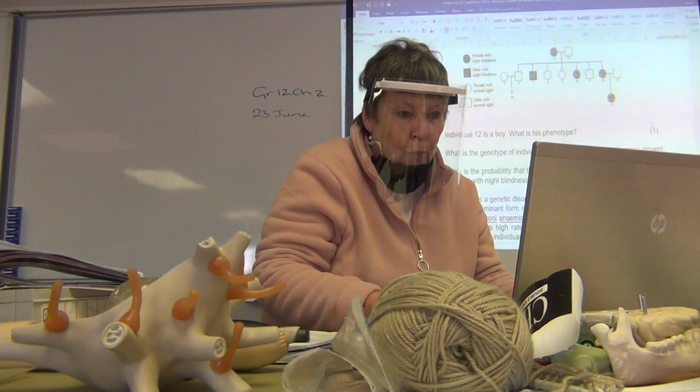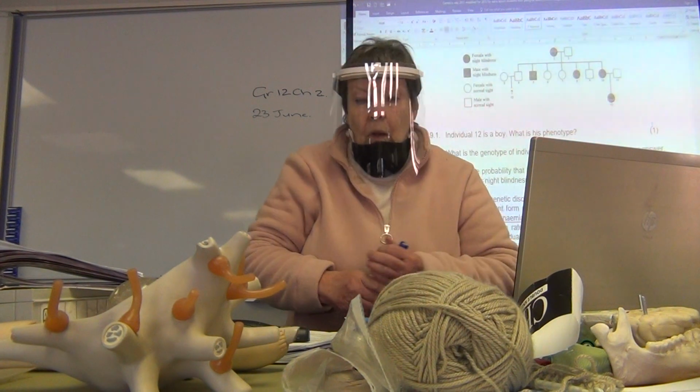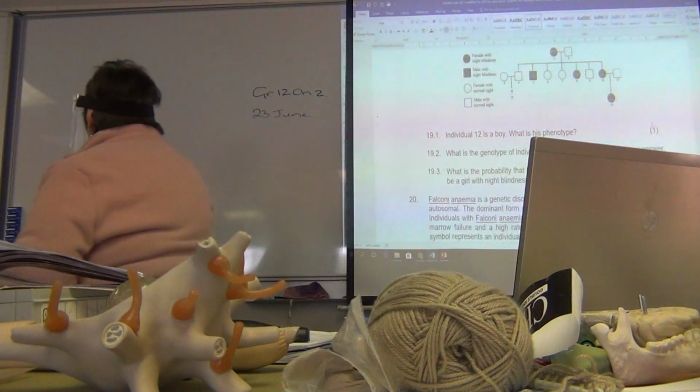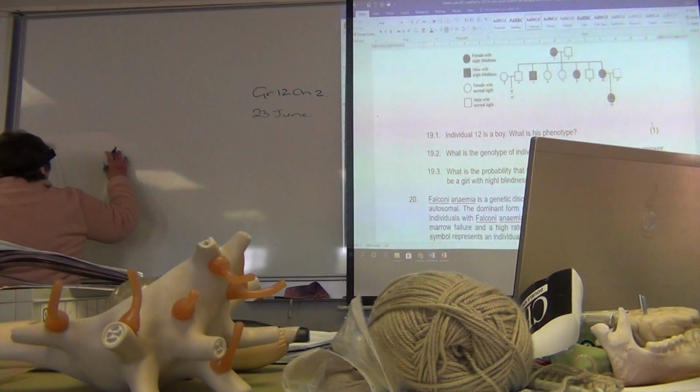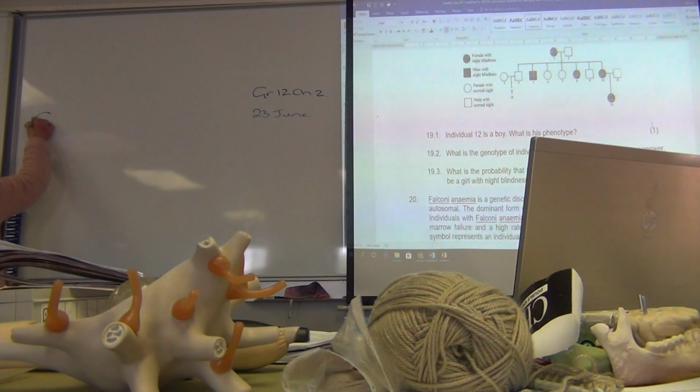But now I'm going to draw on the board. Okay, so it goes like this. Circles always represent females. Squares always represent males. Okay?